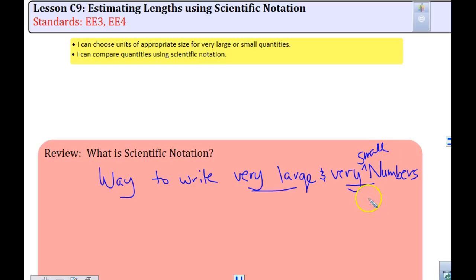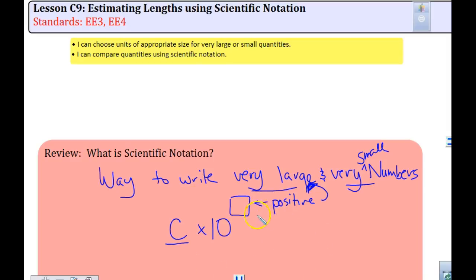When we write those very large numbers, the definition is that it's C times 10 to a power. And this power is going to be positive if it's a really large number, just like on our homework quiz, that was a positive exponent for the one that was a large number.